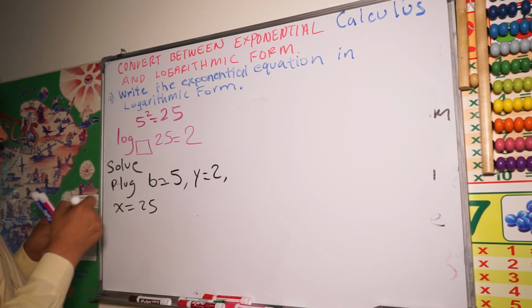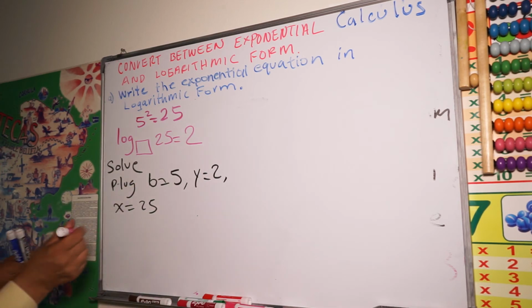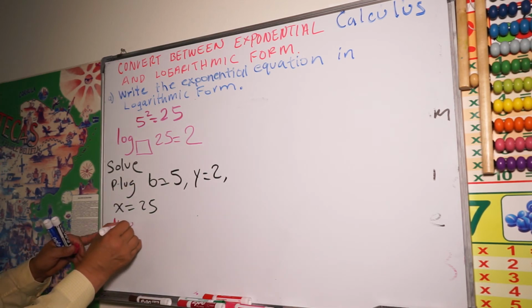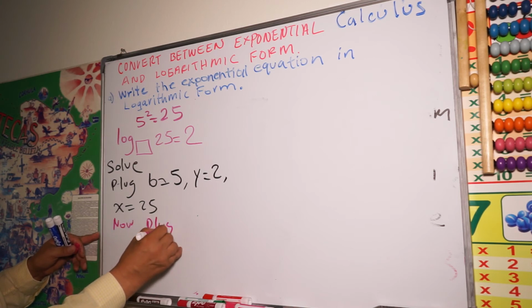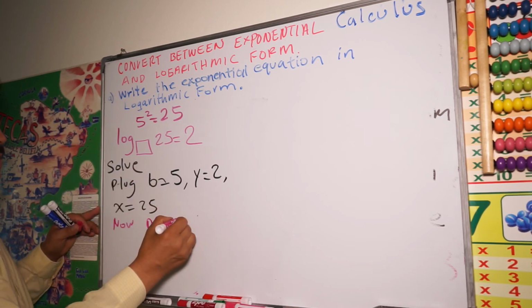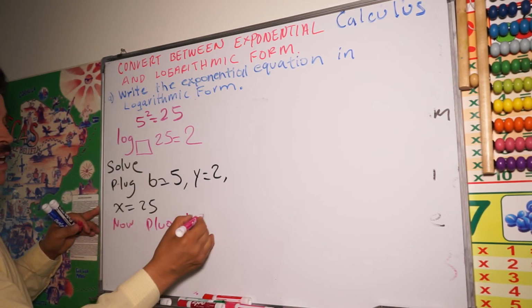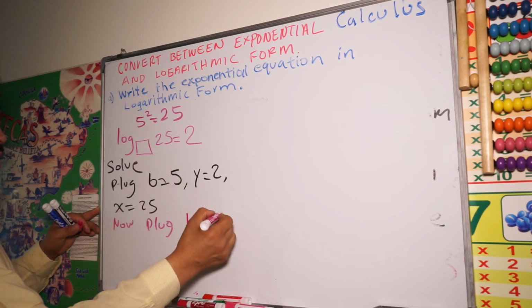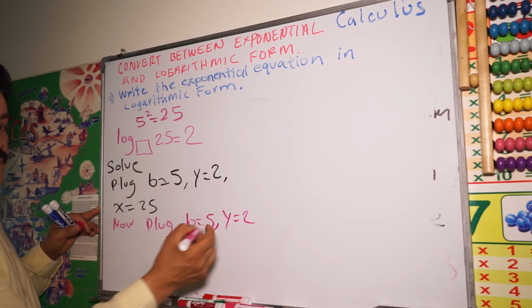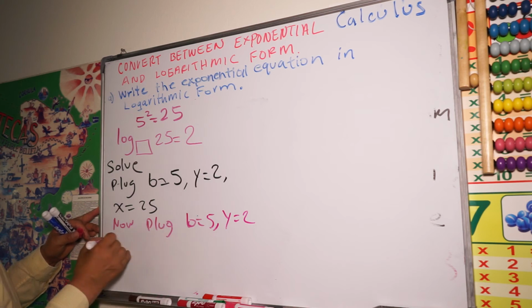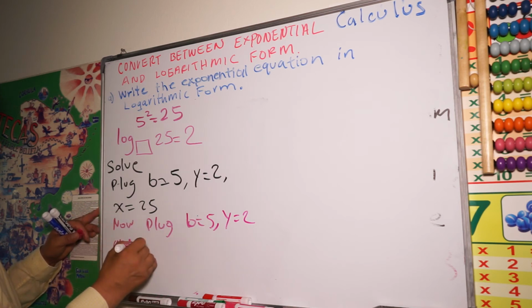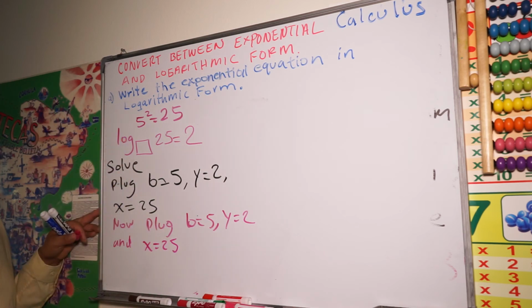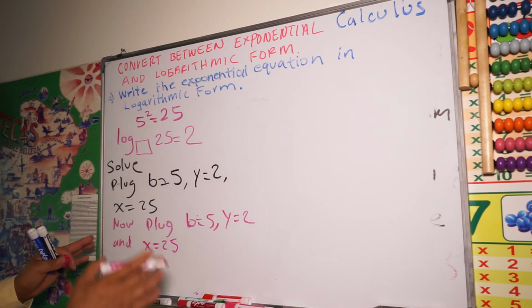So now let me write right here. We're going to plug in B equals 5, Y equals 2, and X equals 25 into the corresponding logarithmic equation.